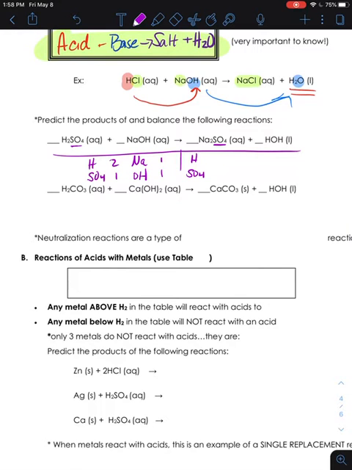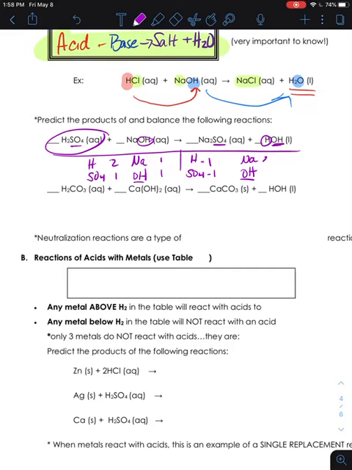On this side, I have 1 OH, 1 sulfate, and I have an Na and an OH. Now the reason I keep it this way is that I know that the hydrogen is being given off by the acid and it's going to get together with that OH on the base. So I'll keep it written like this so that I can balance it a little bit easier.